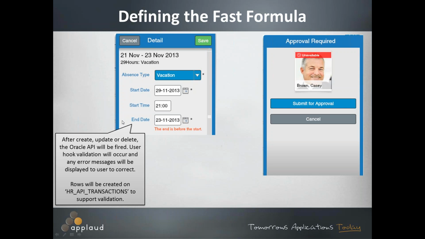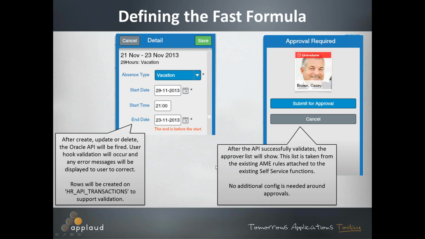Once we've actually saved it, we'll be creating a row on HR API transactions. So if you've written any validation against HR API transactions, you'll be able to validate against that data. After we successfully validate the API, what we do now is we decide who the approvers are.